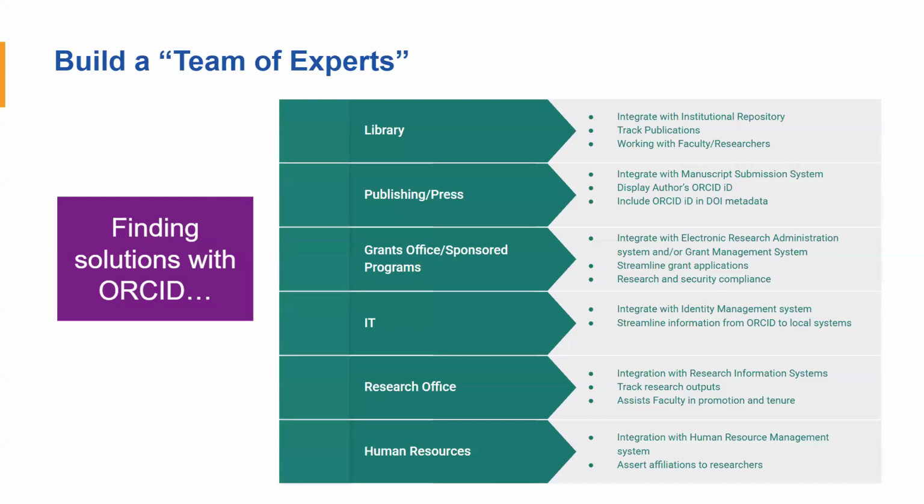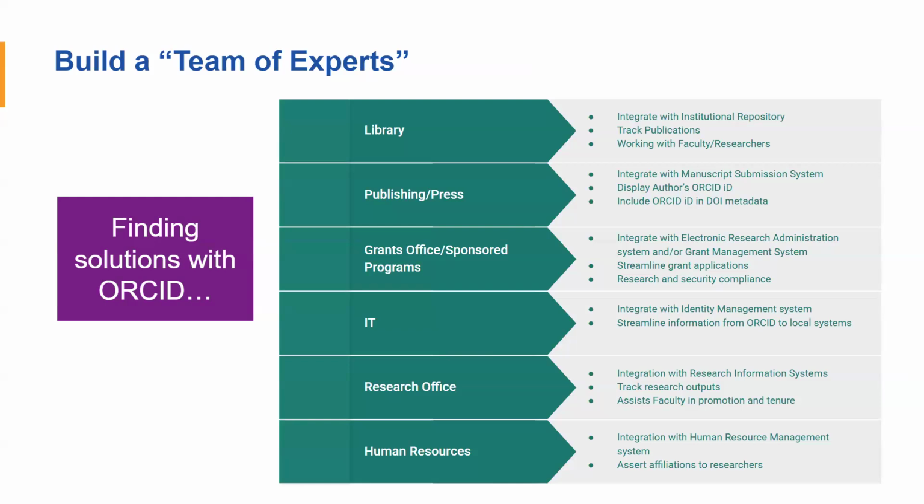Each department, each area of the organization pretty much has its own goals when it comes to ORCID. So, for example, the library is probably focused on the publications, especially when it comes to institutional repositories.